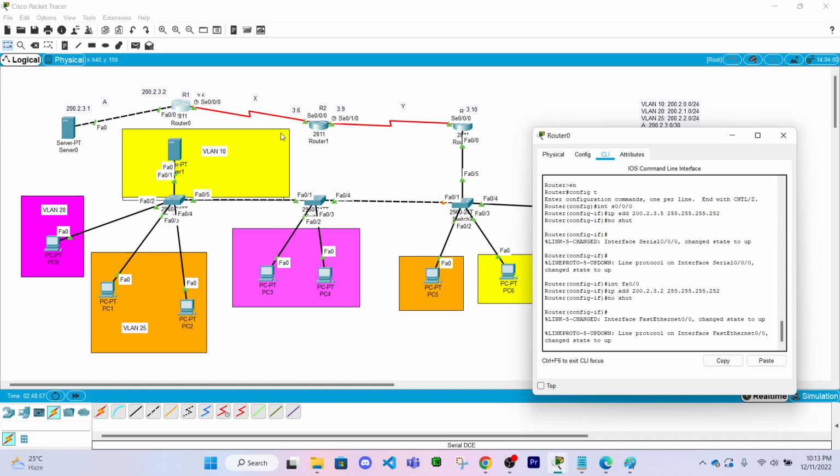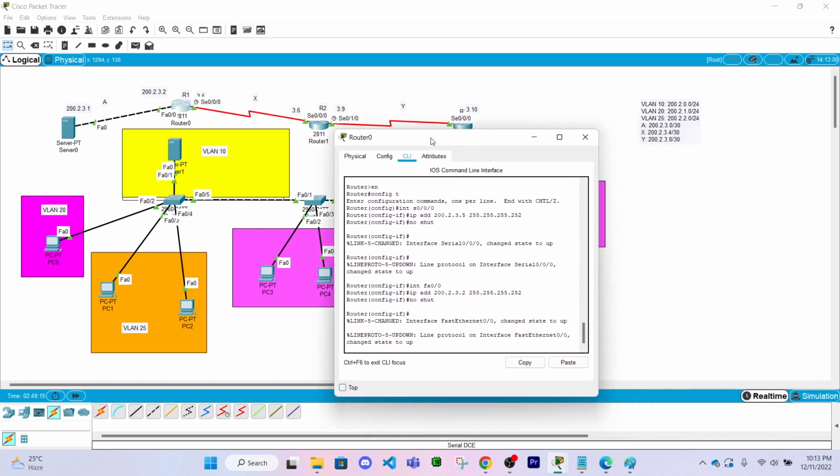So here we write the IP address 200.2.3.2. Okay, and this is the default gateway IP address. And what is the default gateway IP address? We use the last valid host IP of this for this configuration.